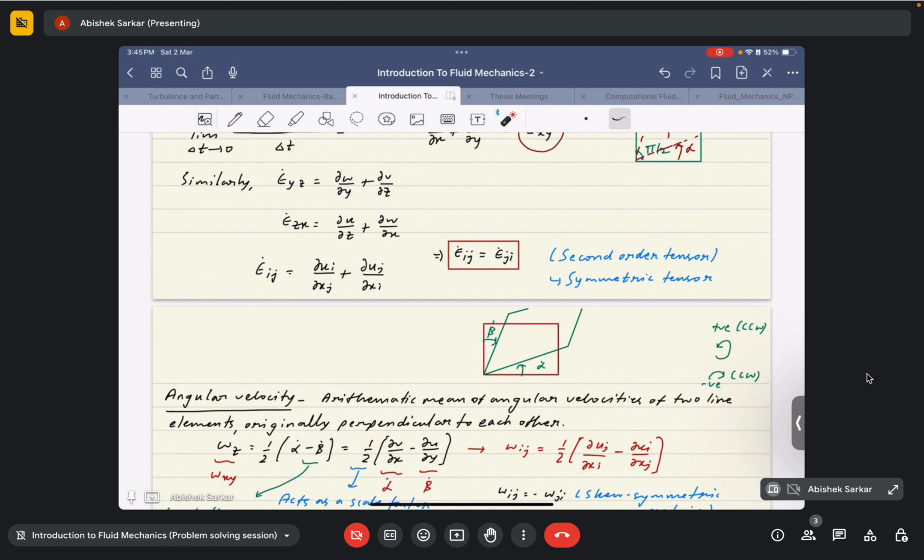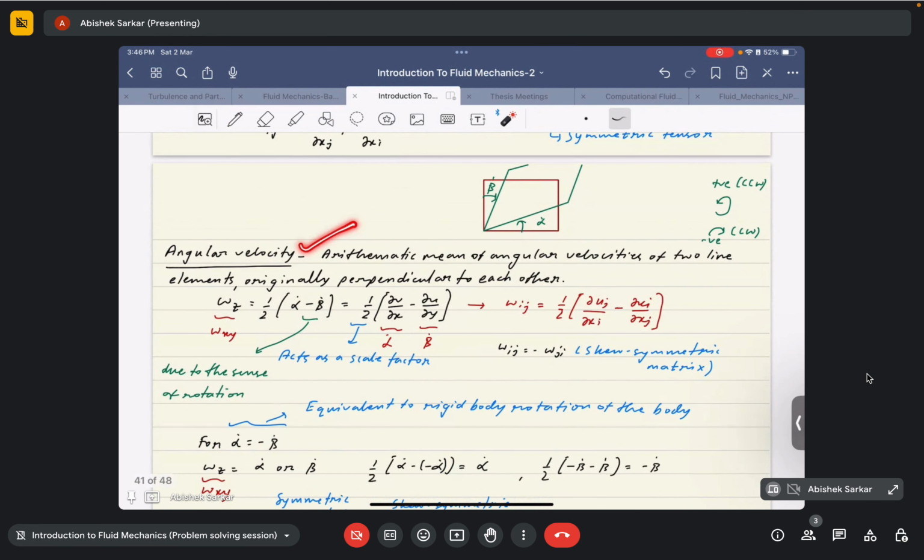So again, crucial properties: the angular deformation tensor is symmetric and the angular velocity tensor is skew symmetric. I hope you get the difference between the symmetric and skew symmetric parts.